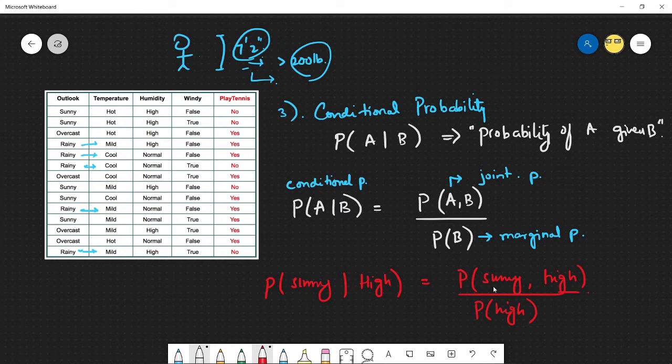So in that case, you're going to build that table for the joint probabilities, and I'll just tell you that this will turn out to be 3/14 here, and then the probability of humidity being high is just 1, 2, 3, 4, 5, 6, 7/14, and the whole thing will evaluate to roughly 0.429. So this is the probability of your outlook being sunny, given that the humidity was already high.